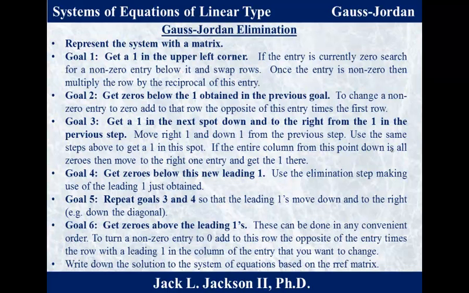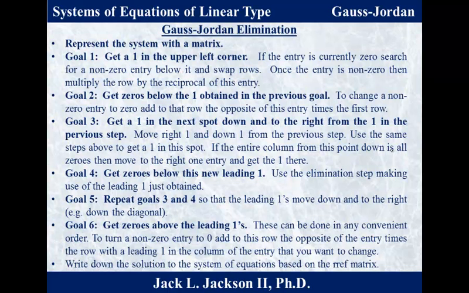Now you basically just go through a loop going down these things, going through these steps again and again. So once you got a 1 in the upper left corner, you 0 out below it. Then you move down the diagonal to put a 1 there. Now it could be that you got all zeros from that point on. If you do, then you just keep going to the right one until you get something that's non-zero, or a column that's non-zero from there on down.